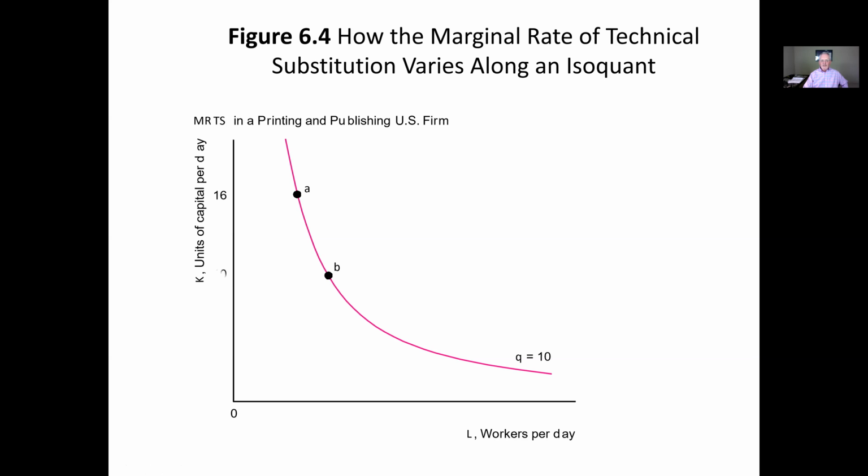Now, as we move along this isoquant, what you can see is at first, when we have a lot of capital and not a lot of labor, we can give up a relatively large amount of capital for 1 unit of labor. So in this case, we're substituting labor for capital at 6 capitals per labor as we go from A to B. Now, as I use less capital and more labor, here we are going from B to C.